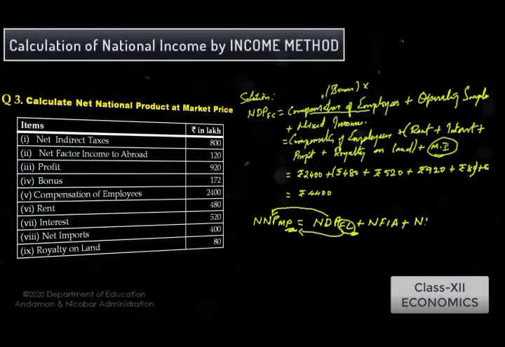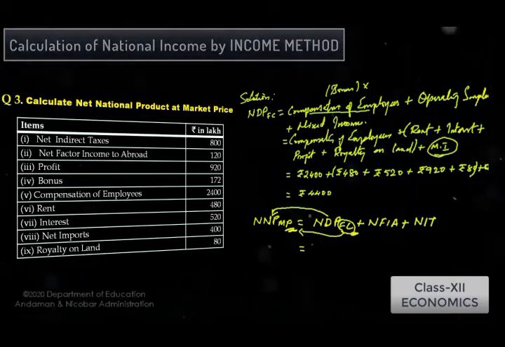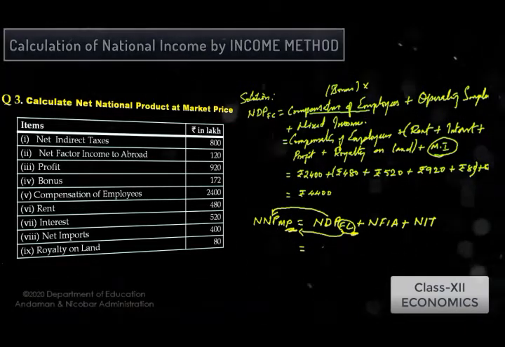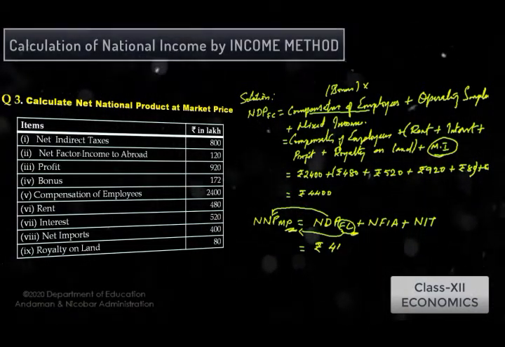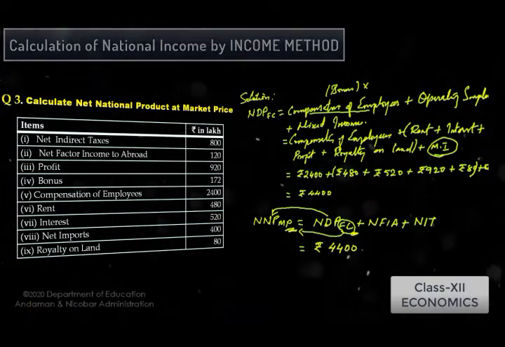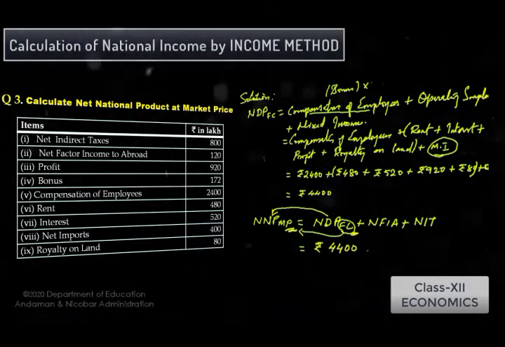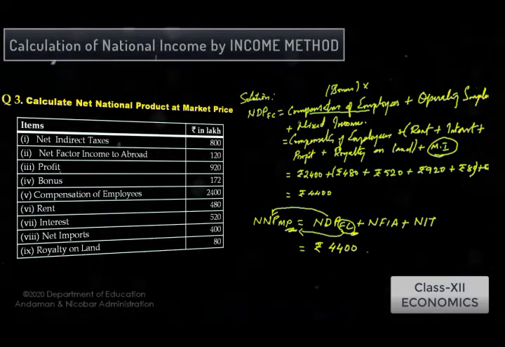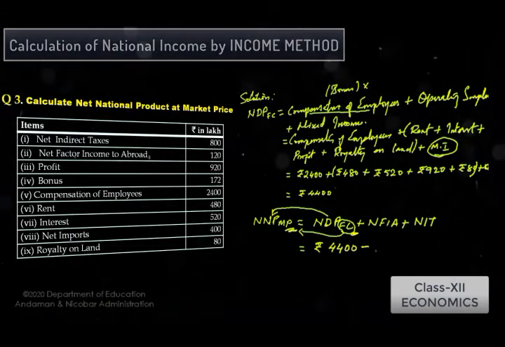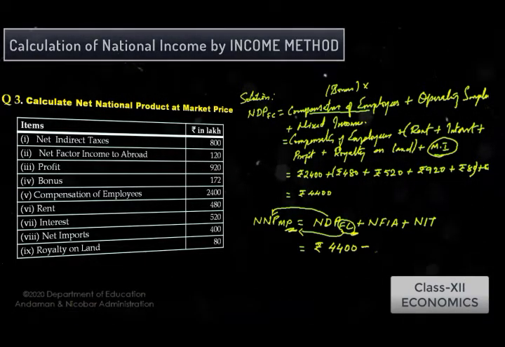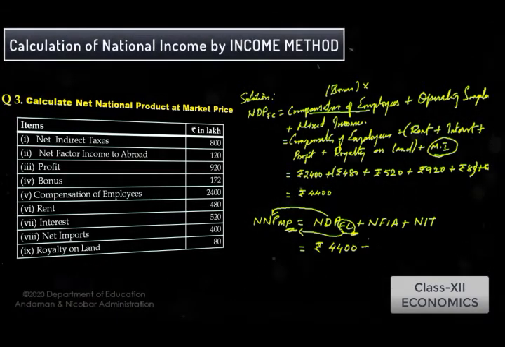Students, you can very easily get the value of NNP at market price. So NDP at factor cost is given as rupees 4,400 plus NFIA, that is net factor income from abroad, to be added. But here we have the value of net factor income to abroad, so that will be subtracted. The value of net factor income to abroad is given as 120, and it will be subtracted.